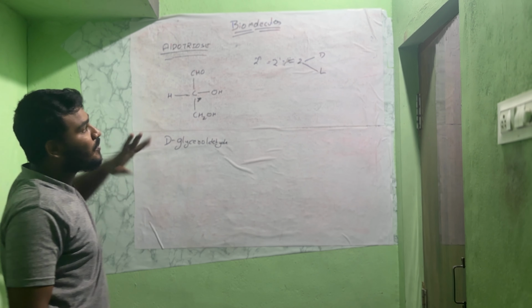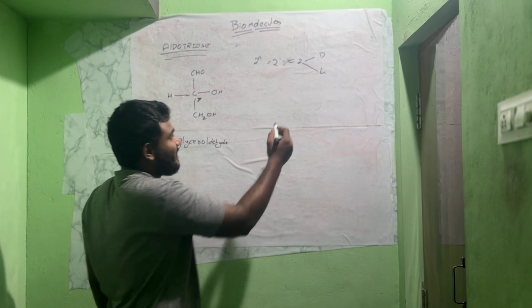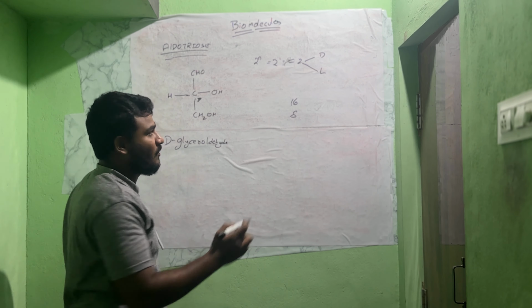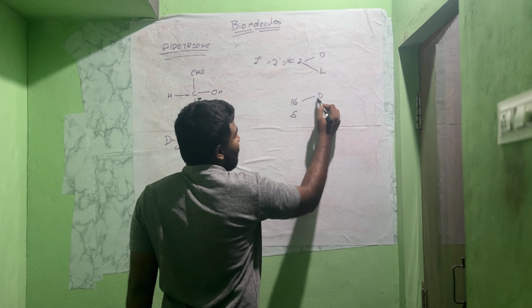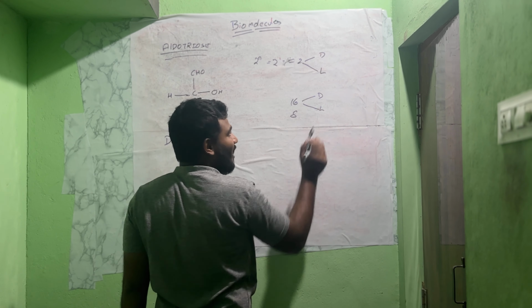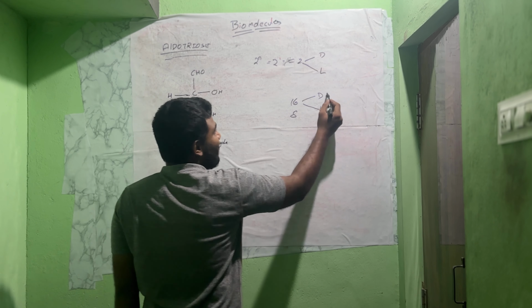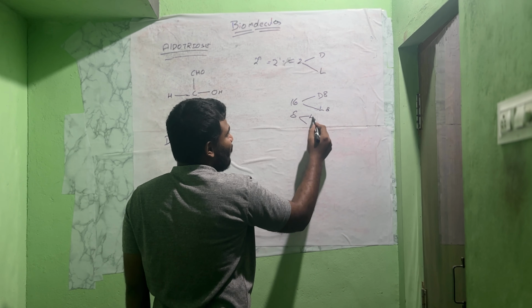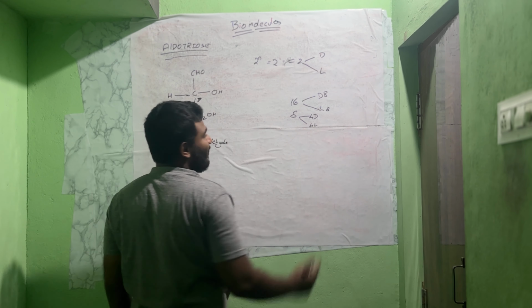Whether it is 16 or 8, it is divided into 2 equal halves, one in D form and another in L form. For 16 means 8D and 8L. For 8 means 4D, 4L, like this.